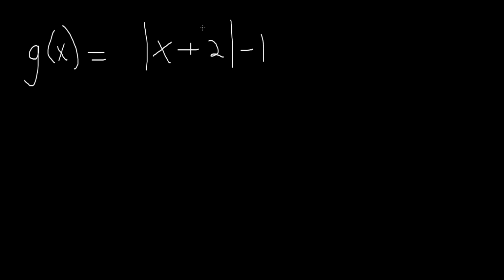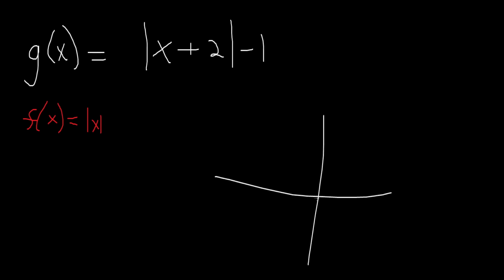So real quick, in red, the parent function here is going to be the absolute value of x. Now, it's been a little bit since we've looked at the absolute value of x, so real quick, I'll graph it in red. The parent function looks just like that. So I want you to go ahead and pause the video and guess what we're going to have to do in order to draw g of x.